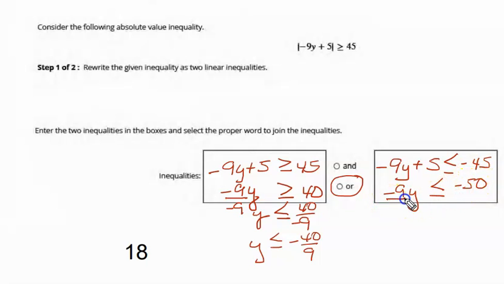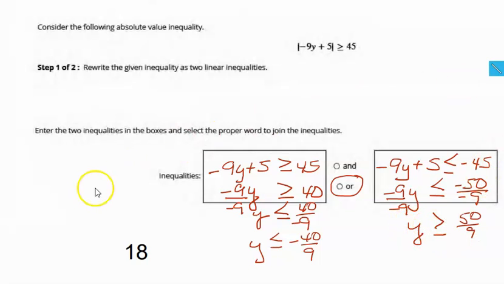Now I'm going to divide both sides by a negative 9. But again, since I'm dividing by a negative, I have to reverse that. This now becomes greater or equal, and this becomes a positive 50/9, and that is y.